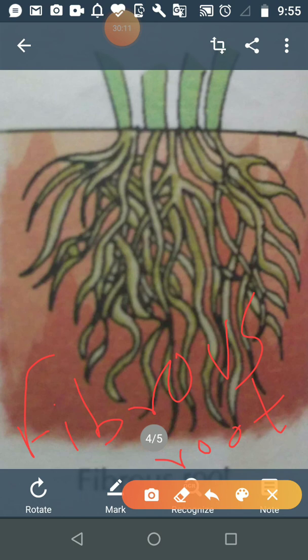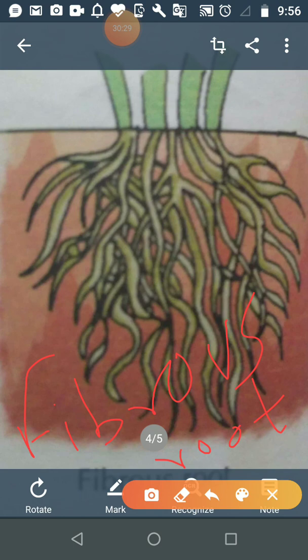So this is a very important function of a root, that they absorb water and nutrients from the soil and transport them to the stem, and the stem transports them to all other parts of the plant. Even, students, we say that soil is very fertile. We use the word fertile. Fertile soil means very good production of crops.